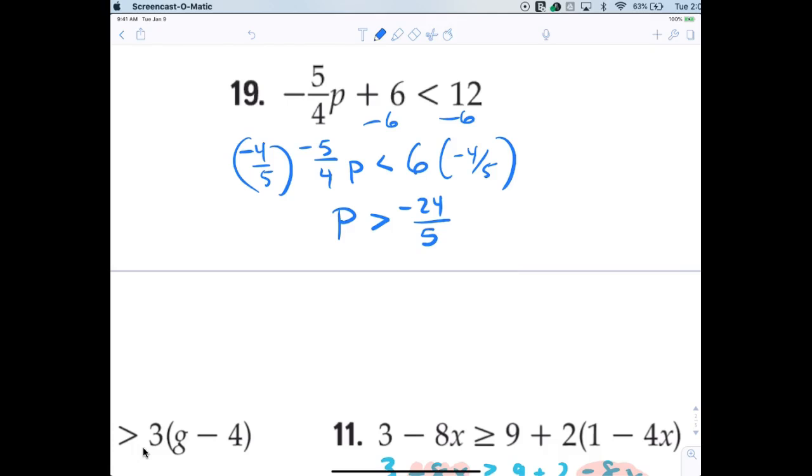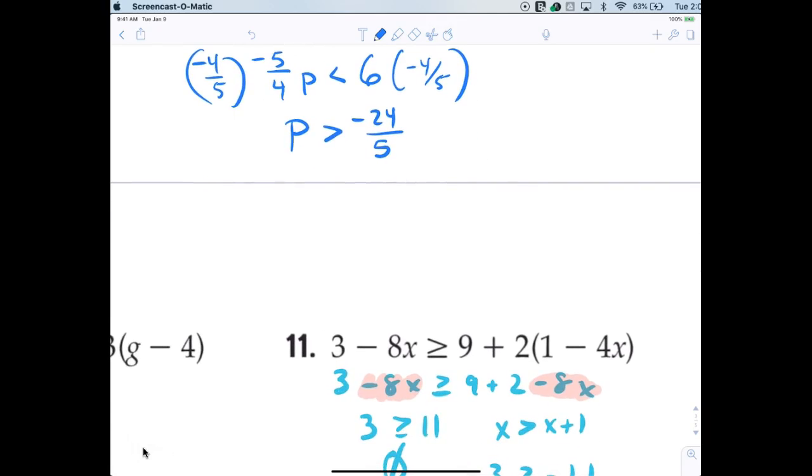All right? Now, greater than -24/5 means we're going to start at what number? -24/5 and go to the right. So we're going parentheses, -24/5 all the way to what? Infinity. All right, that's the interval notation that I'm talking about.